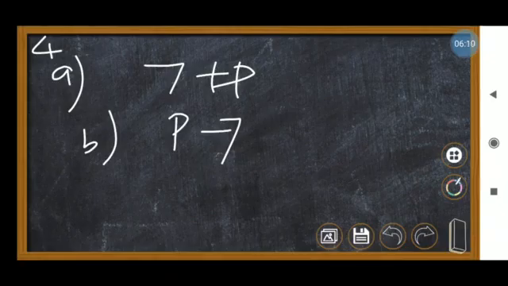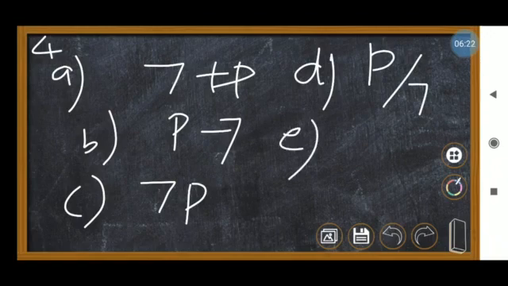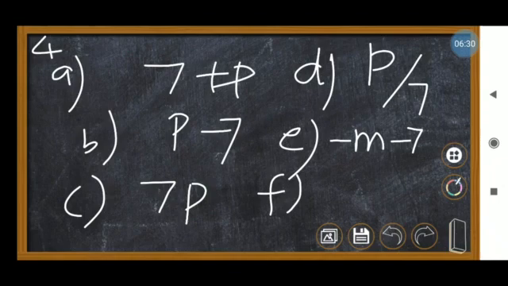Next, p multiplied by 7 means 7p, and p divided by 7 is p by 7. Next, 7 subtracted from minus m, so minus m minus 7. And then minus p multiplied by 5, so minus p into 5 is minus 5p.